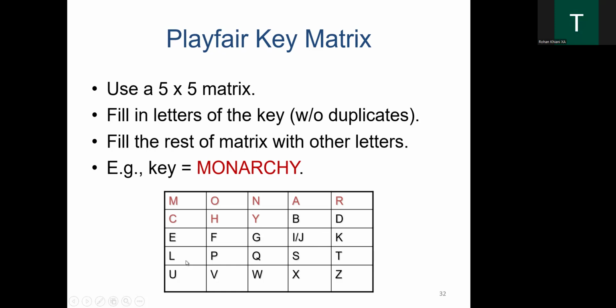Then K, L. Then M and O are already there in the key, therefore we will not use M and O. We will simply write P, Q. Then R is there as a key value, so we will write S, T, U, V, W, X. Y is there in the key, therefore we will simply write Z. So this is how we have to make the key matrix. This is the first step in this algorithm.